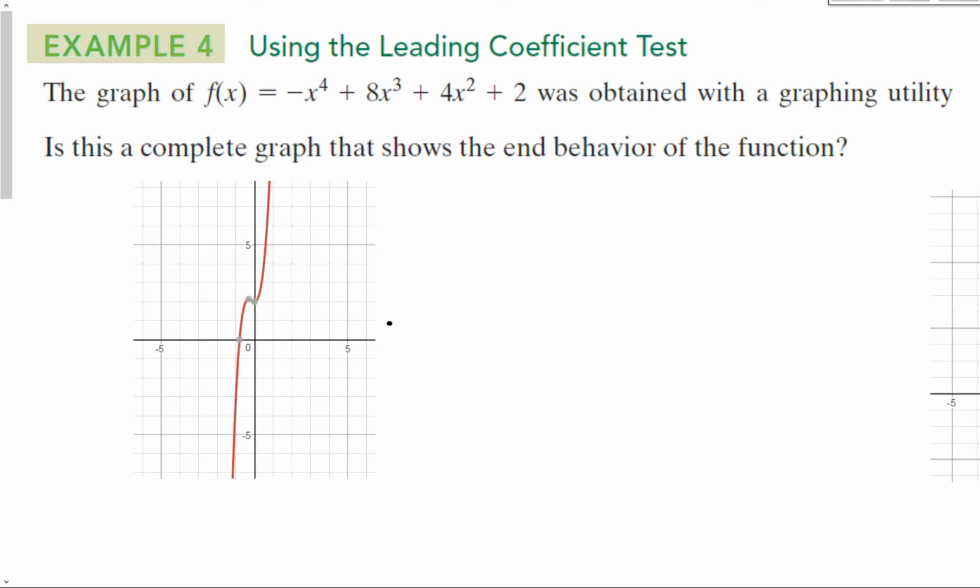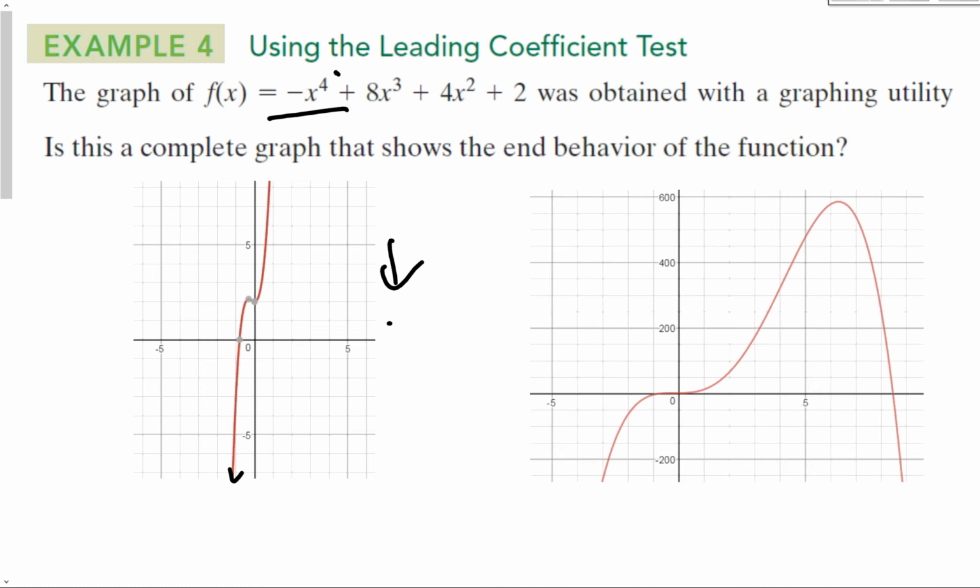Well, it's definitely zoomed in, and I definitely have some stuff going on right in here, but is this the right graph? I look at my leading coefficient, and I see that it's negative, which means it goes down to the left, but it's also even, which means it should go down to the right, which means this is not the right graph, and I should maybe zoom out.